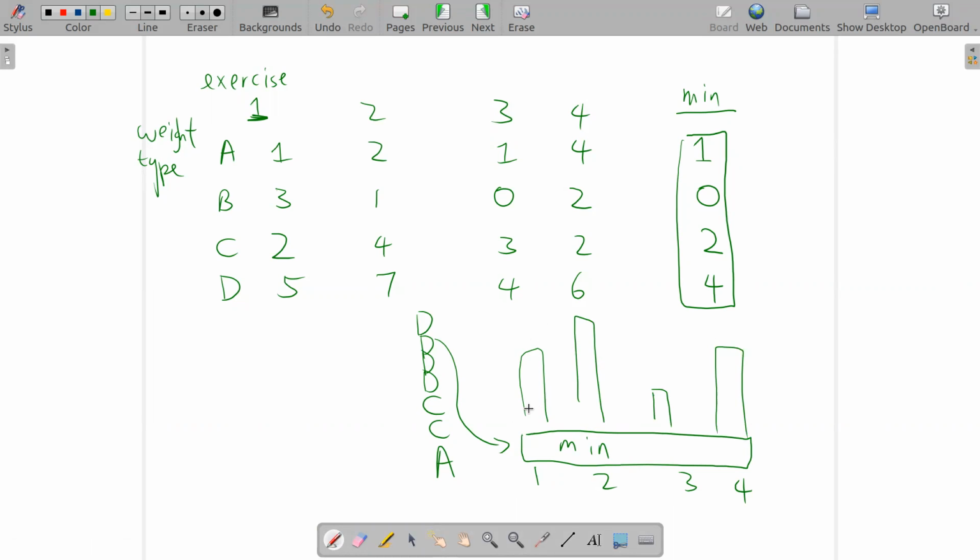Maybe then you say, well, what if I look at just these 2 exercises? Let me say, if you have a bunch of exercises, I'll just draw them as boxes here.